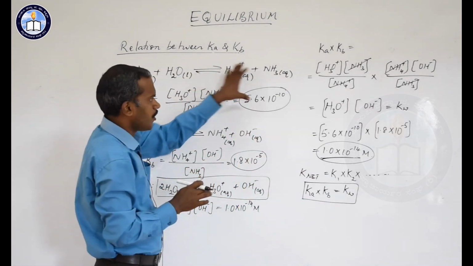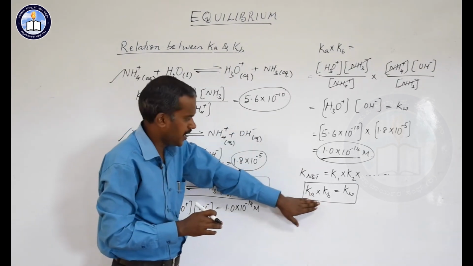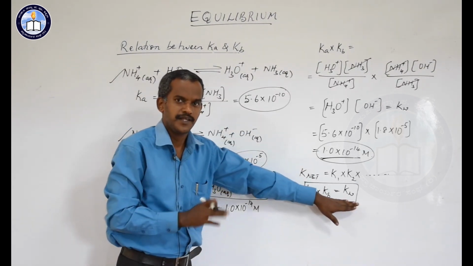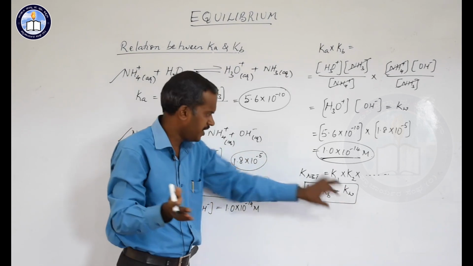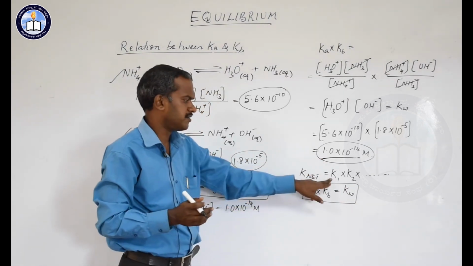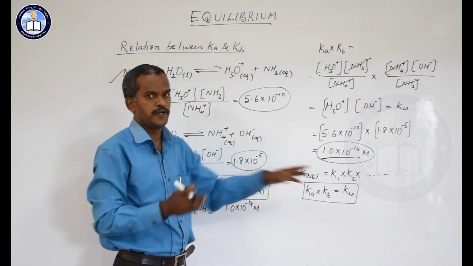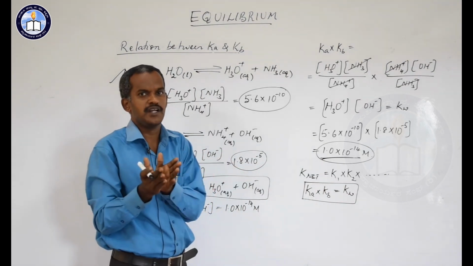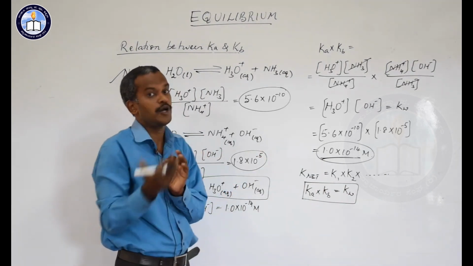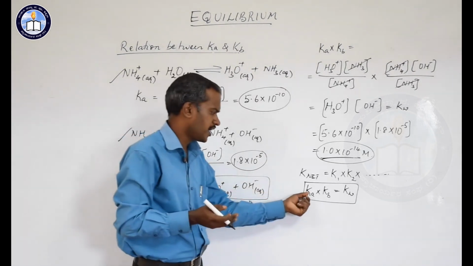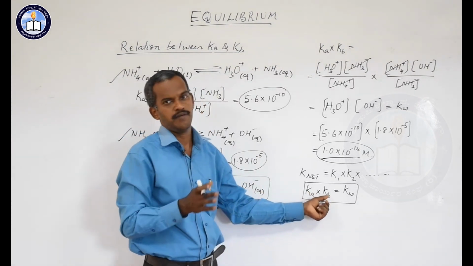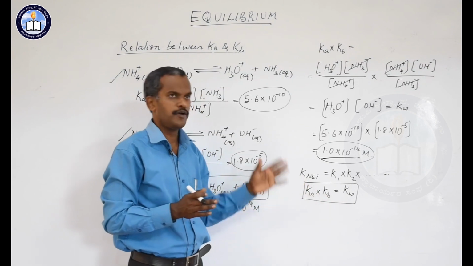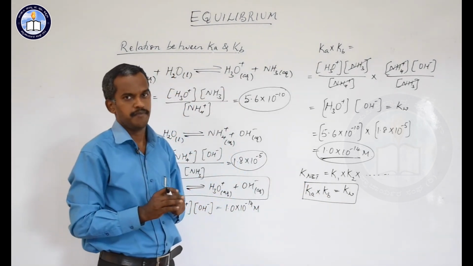In a conjugate acid base pair, Ka into Kb is equal to Kw. For different acids and bases, you can write the net reaction like the previous one. So if it is asked for 1 mark, what is the relationship between Ka and Kb in a conjugate acid base pair, you have to know Ka into Kb is equal to Kw. So this is simple, the relation between Ka and Kb.